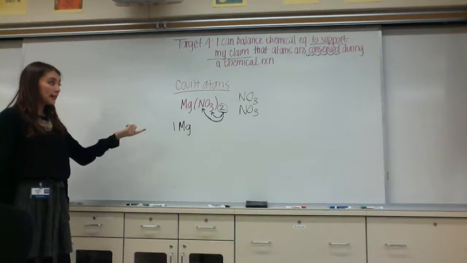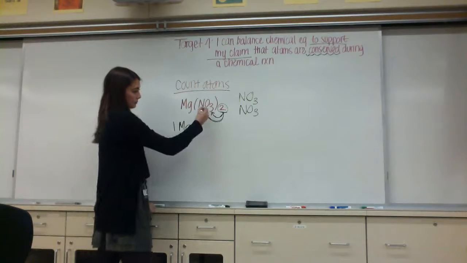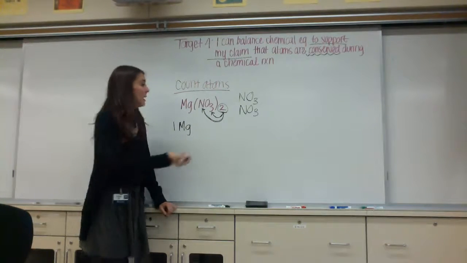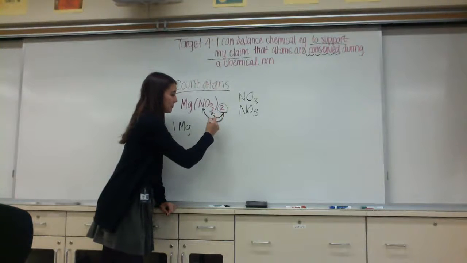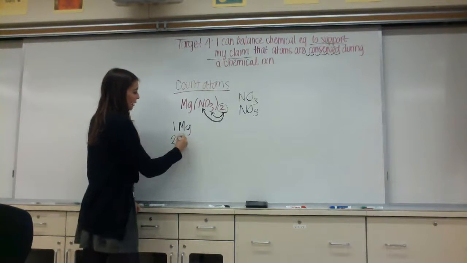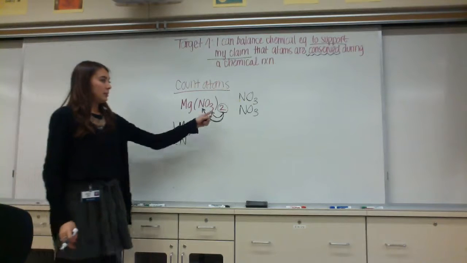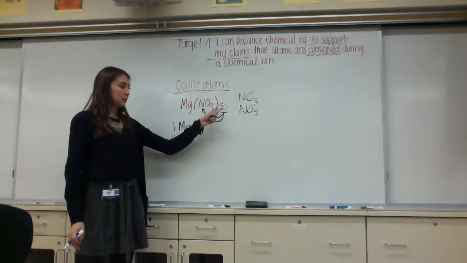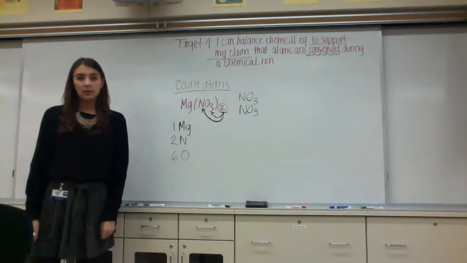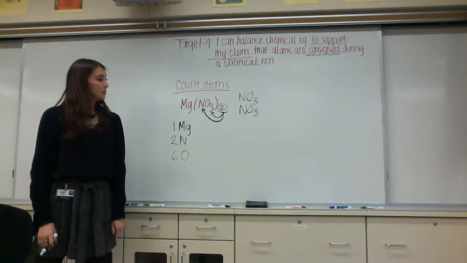Now, how many atoms of nitrogen are there? There's no coefficient here, so maybe I would have said 1 originally, but there is a 2 subscript out here that applies to it, making that N2, so I should have 2 atoms of nitrogen. And then I have O3, but there's a 2 out here, so 3 times 2, I should have 6 oxygen. Okay? That is how you count atoms with the parentheses.